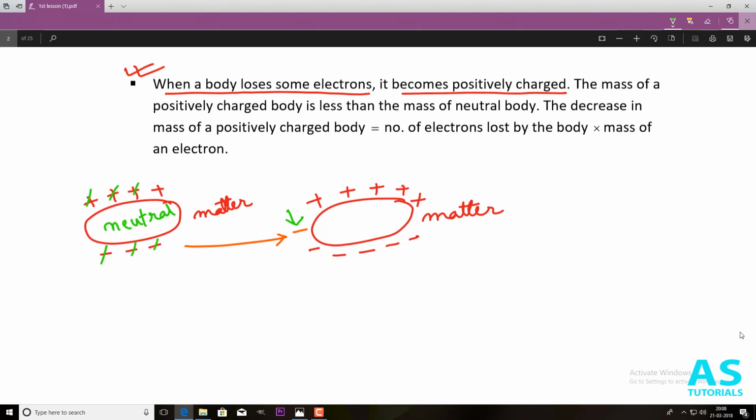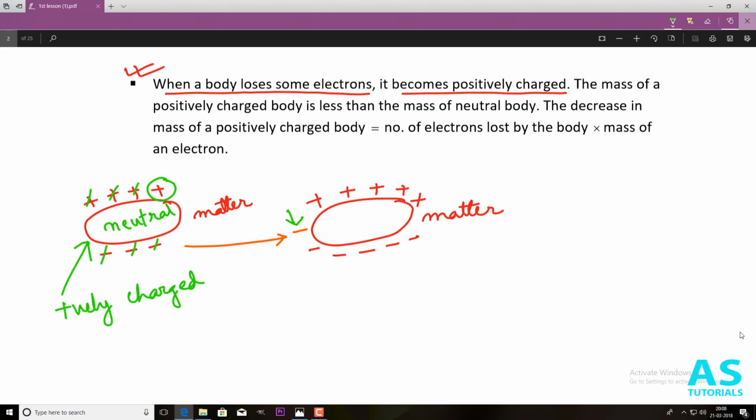This body, initially neutral, now has excess positive charge. That is why this body would be positively charged.